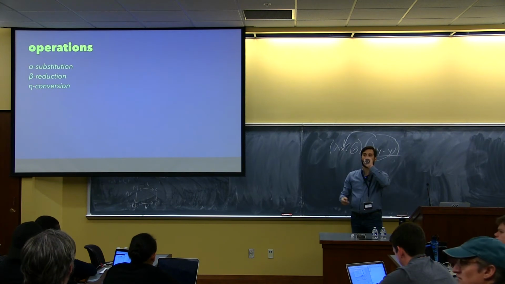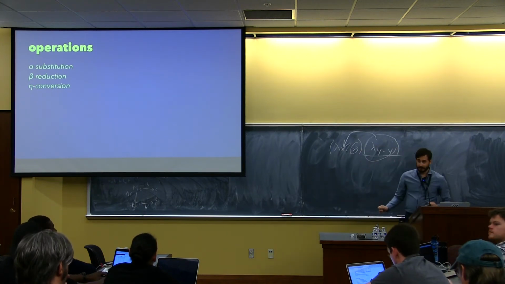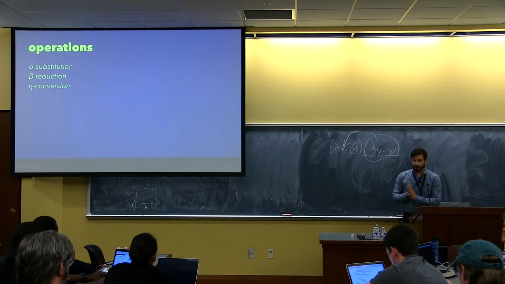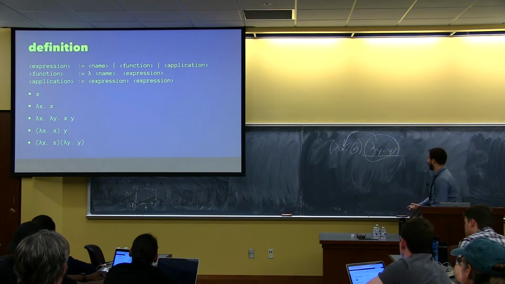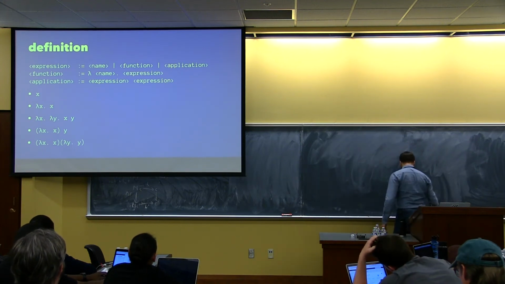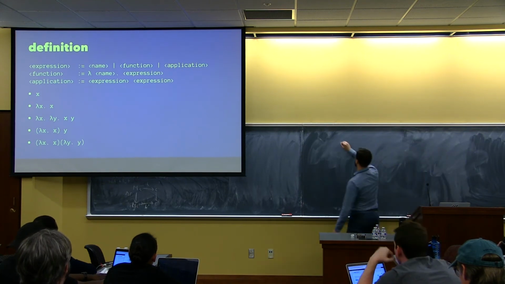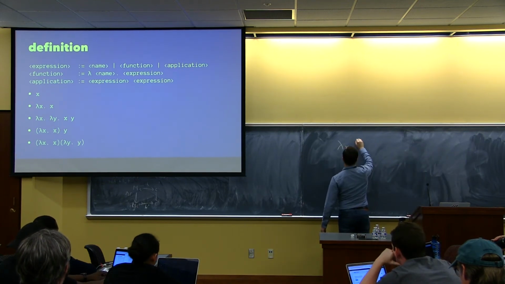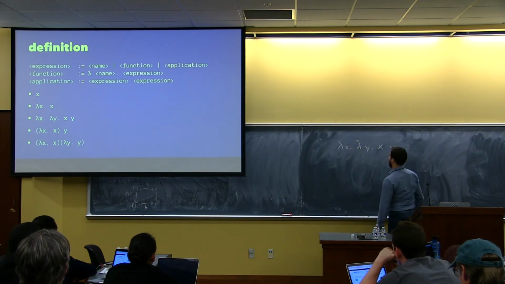Actually, before we can go on, on the last slide, can you write the third and the fifth one using the alphabet notation? Oh God, I can try. The third one? Okay. Lambda x, lambda y, xy. Lambda x. Write that using like f.